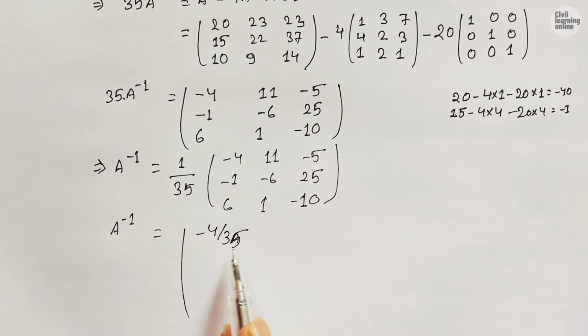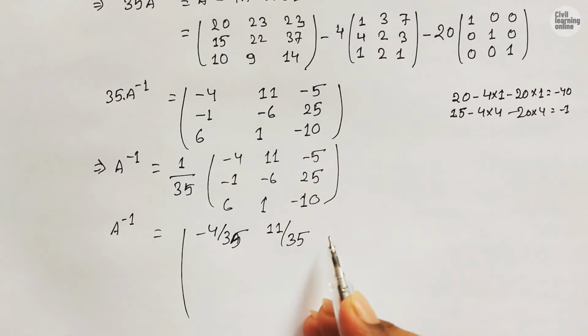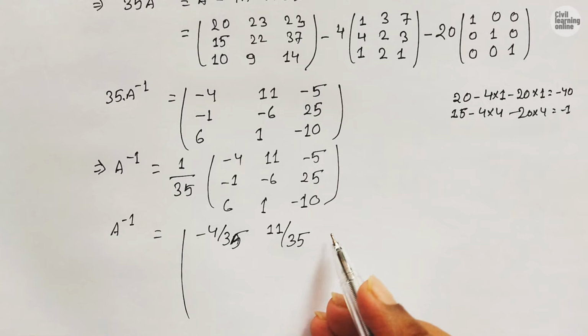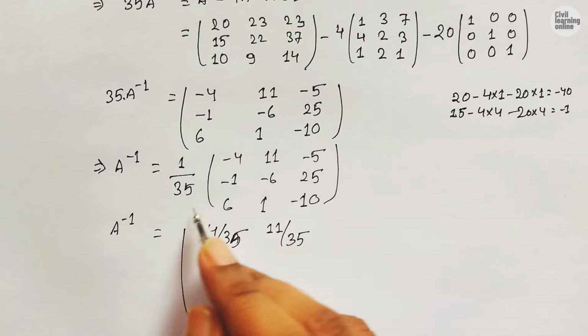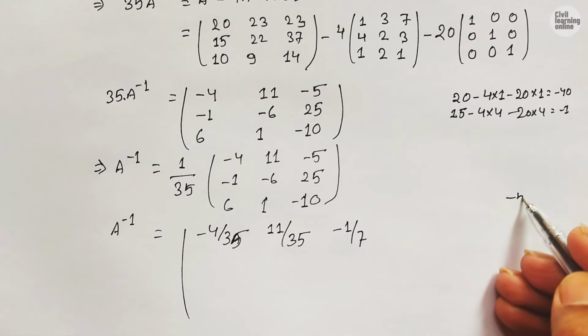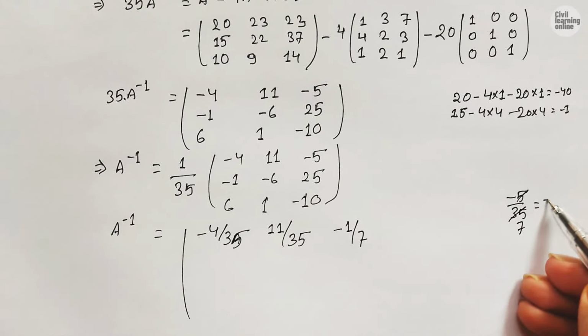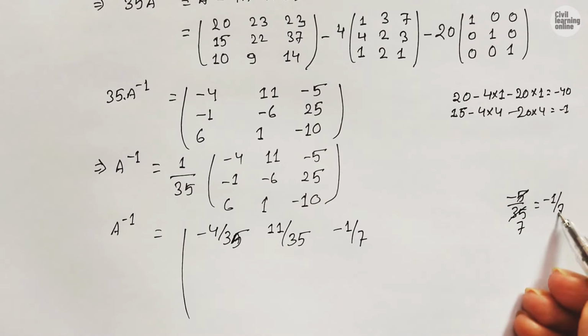So minus 4 by 35, 11 by 35. Similarly we will have minus 5 by 35, which means minus 1 by 7, since 5 times 7 is 35. I hope you got this.